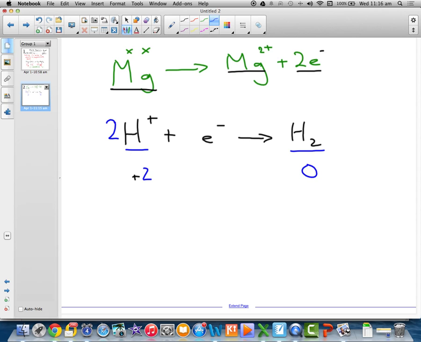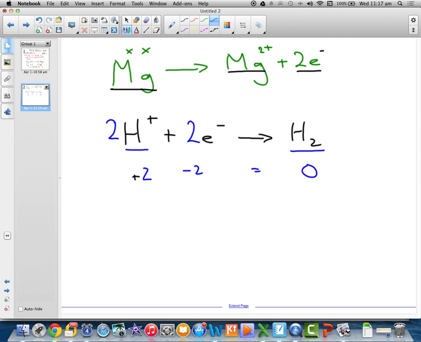The charges have to balance as well. So to make it balance, we need 2 electrons, because the plus 2 minus 2 will equal the 0. So there's our 2 reactions. So the magnesium atoms lose electrons, and those electrons are gained by the hydrogen ions.